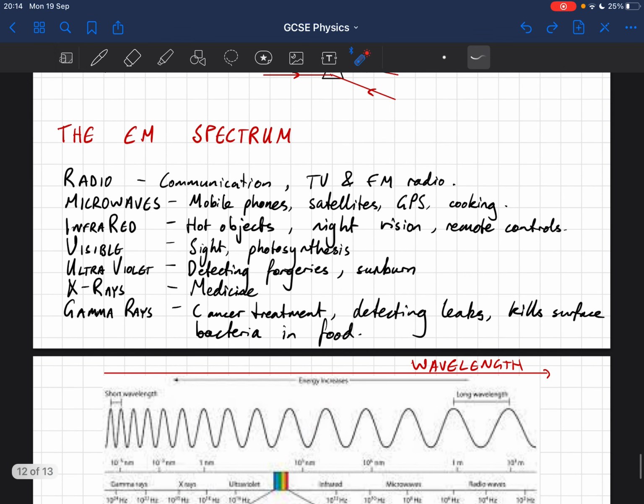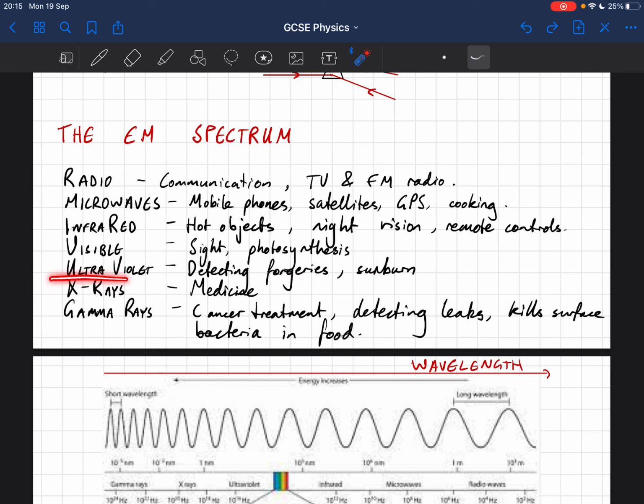Okay, so what do these do? You can see here, radio waves are used for communication, TV and FM radio. Microwaves we use for mobile phones, satellites, GPS and cooking. Infrared, all hot objects give off infrared radiation. We use it in night vision and remote controls. We can also use it for cooking. Visible light is used for sight and also photosynthesis of plants, and ultraviolet light is used for detecting forgeries, and it also gives you sunburn.